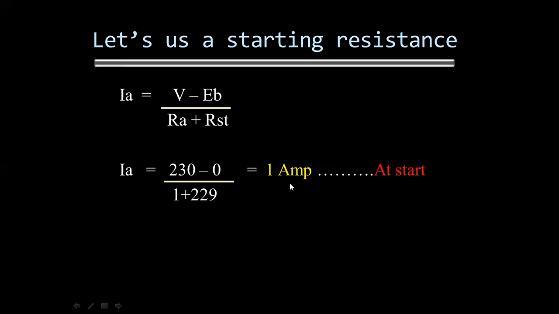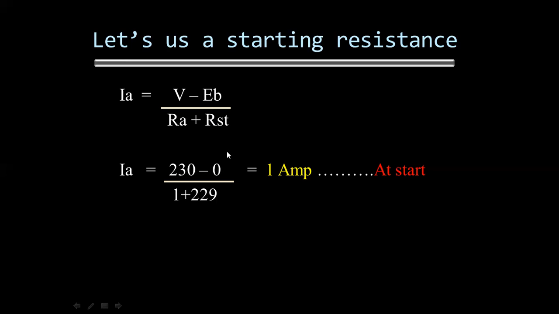So at start the motor will draw 1 ampere current from supply, which is a safe current because the motor rating is 11 ampere. And as the motor gathers speed, once it takes the current, it will start rotating, delivering useful mechanical output. This back EMF, which was 0 at start, will increase.